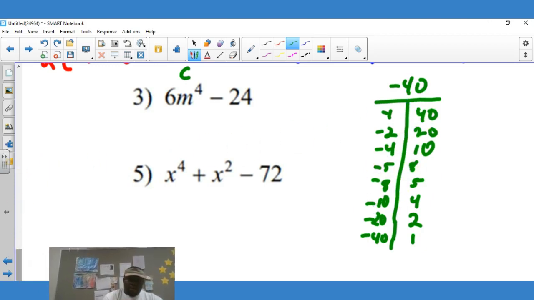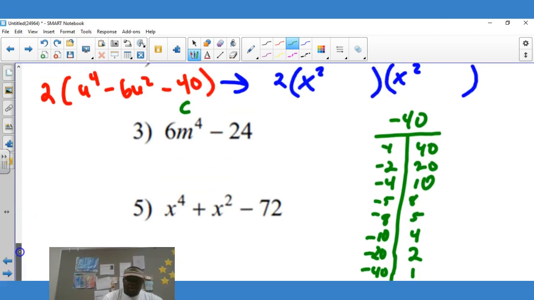The reason I wrote all these out is so you can see where I'm going with this. When you have the factors of -40, you have to look at the factors. You want to pick two numbers that, if I add them, will give me this middle term, -6.